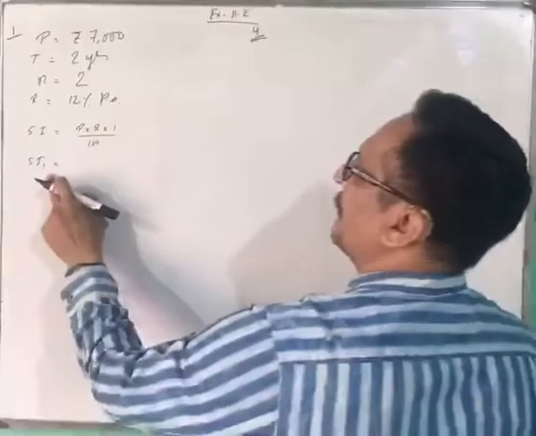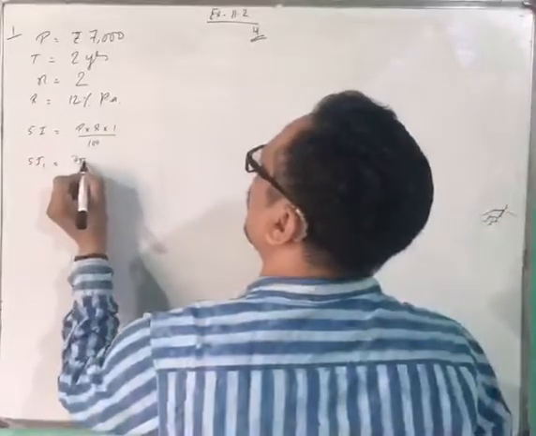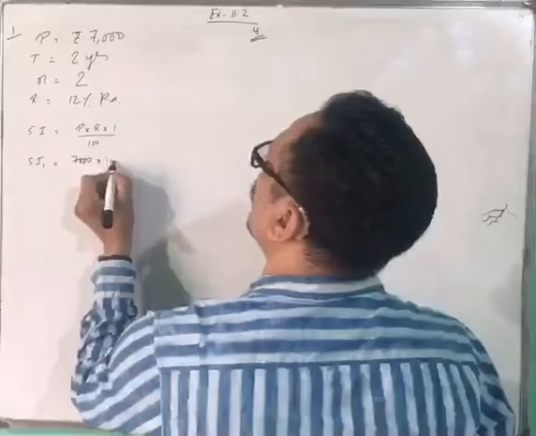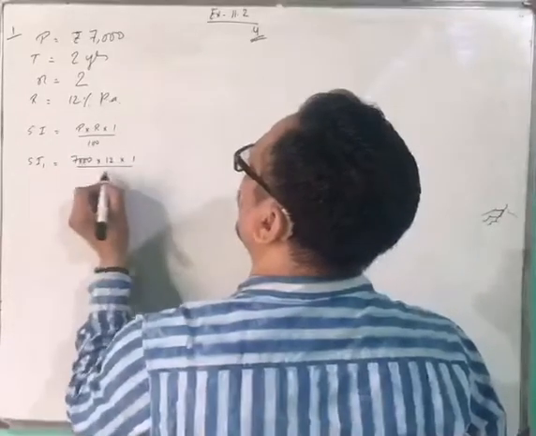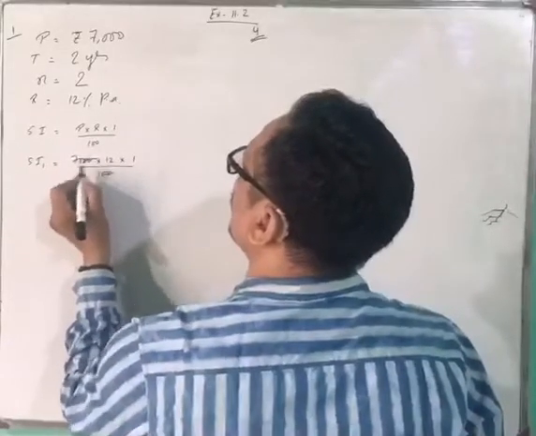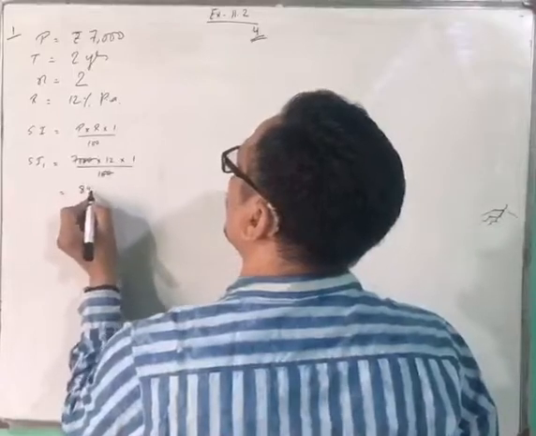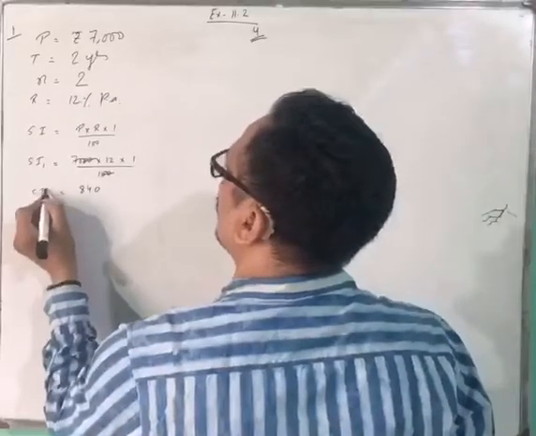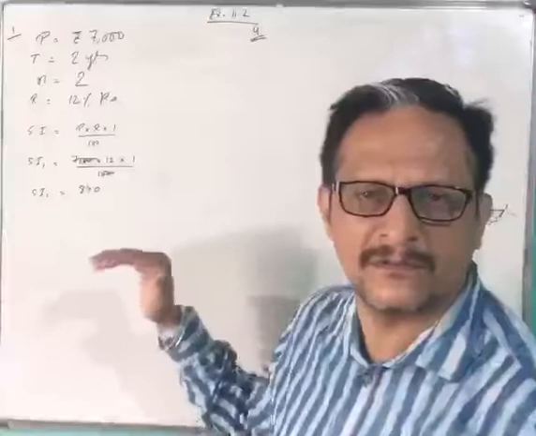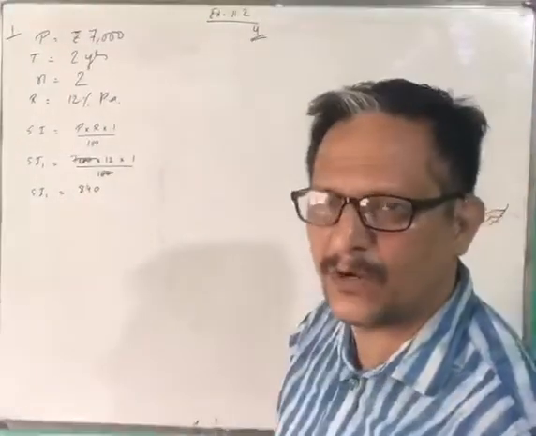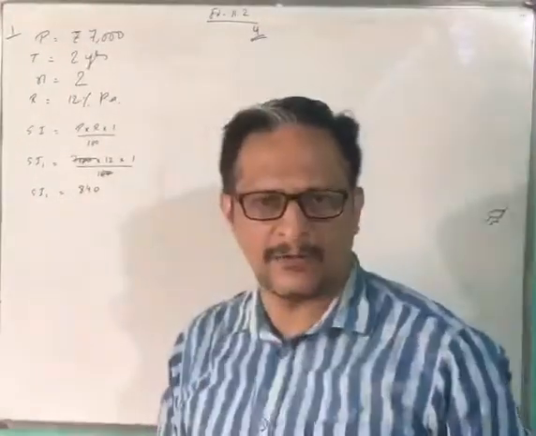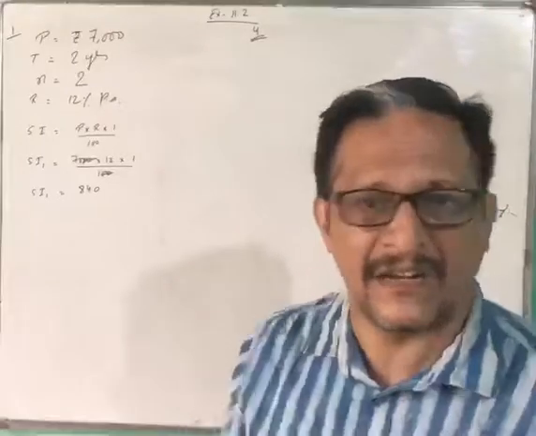This is the first simple interest. So 7,000 into 12 into 1 upon 100, and you get 840. So this is your first simple interest for the first year. Now you have to find out the second simple interest for the second year.